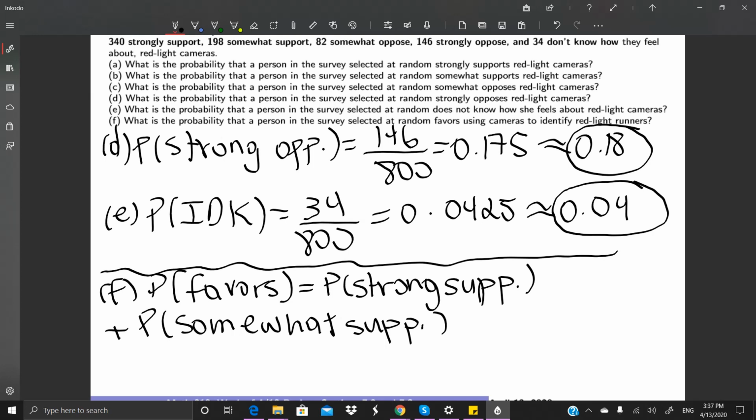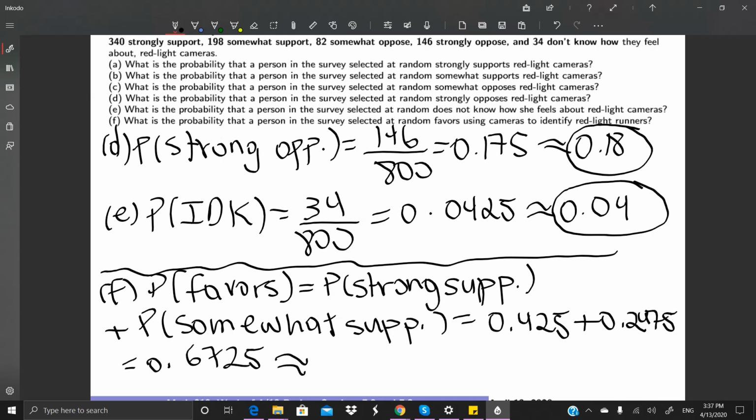It just means people strongly support or somewhat support. And when you add these two together, you end up with taking 0.425 plus 0.2475. So these were numbers we got previously. Add them together, you end up with 0.6725. And then round it off to 2 decimal places, that will be 0.67 is what you would enter in WebAssign.